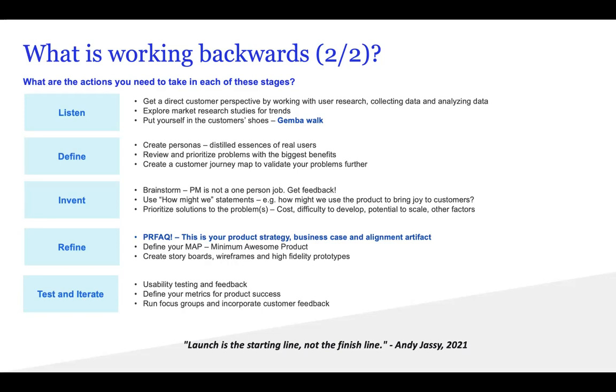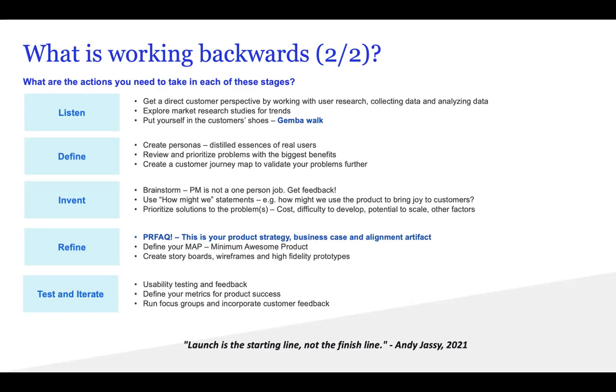Number 3 is invent. As you see on the slide, product management is not a one-person job. It's not your job to just come up with the idea and run with it. It's your job, however, to bring people together, get stakeholder consensus, and get feedback. Use how might we statements to understand how your solution or product might bring joy, solve for a customer need, and provide tangible benefits.